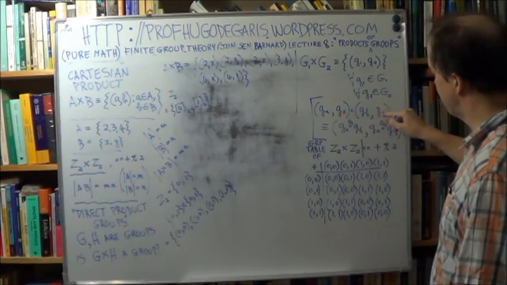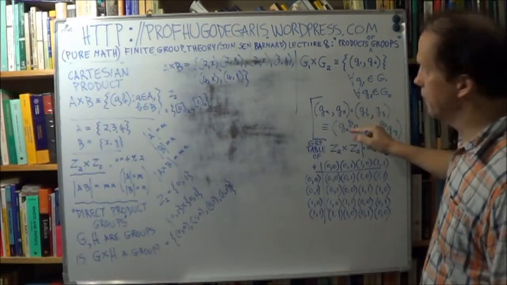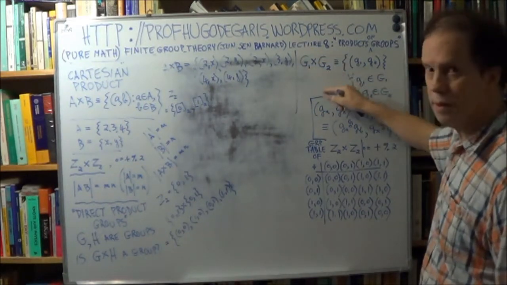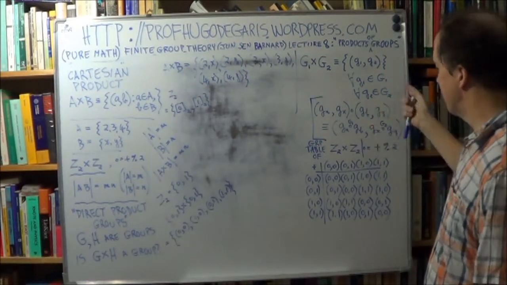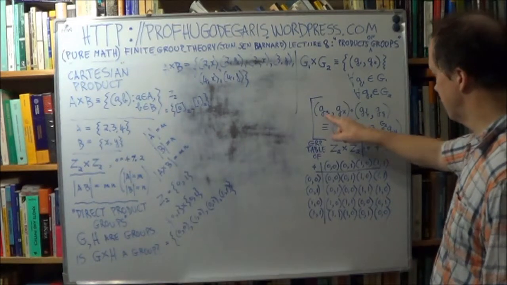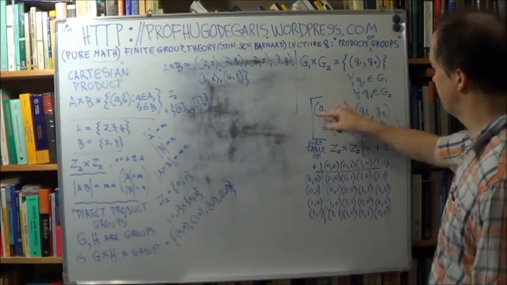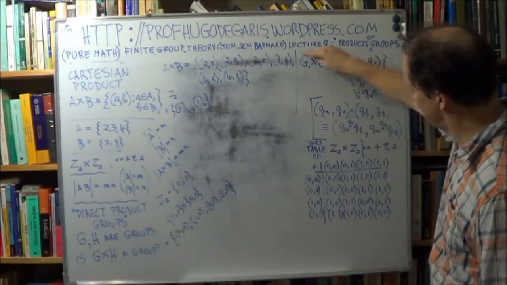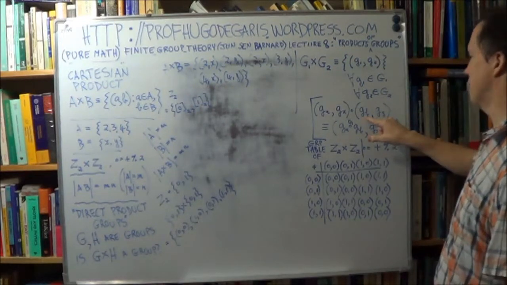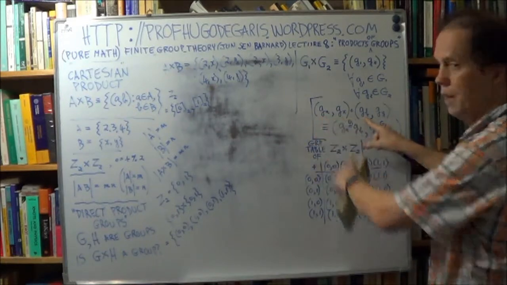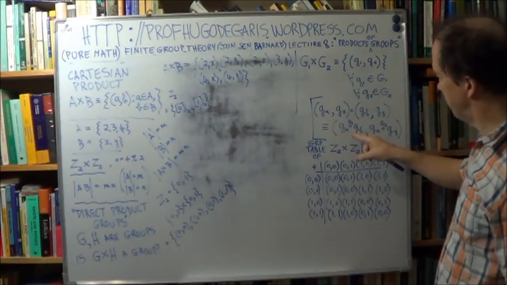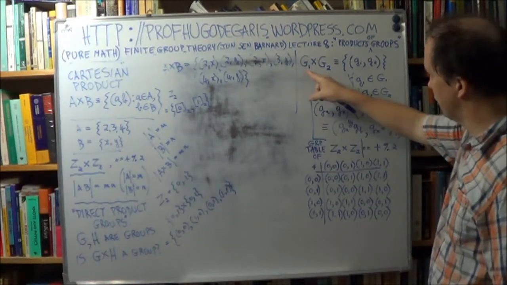This and this are two random elements of this set. It's still a set for the moment; we haven't proved it's a group yet. So what you do is you take the first element of your first pair, and the first element of the second pair, and you perform the binary operator on those two.